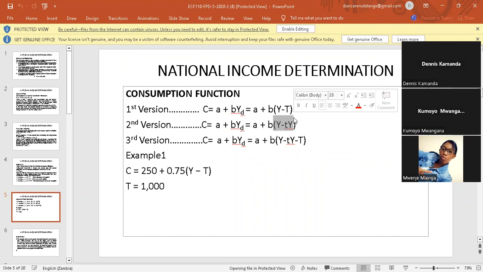Can you see my screen first of all? You've seen the second version, right? The second version is telling us about when we are just given the tax rate. What we have been given in the question is this expression: 100 plus 0.7. The 100 is representing A, and the B there is 0.7.